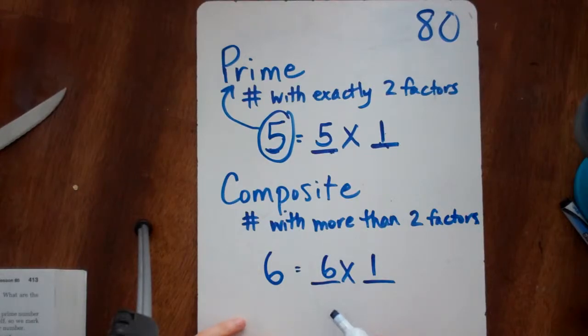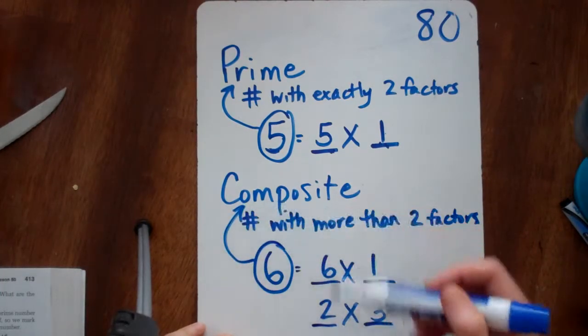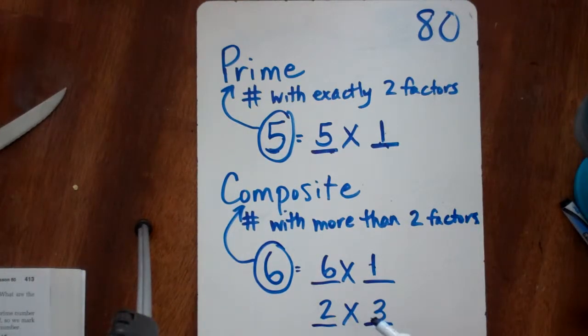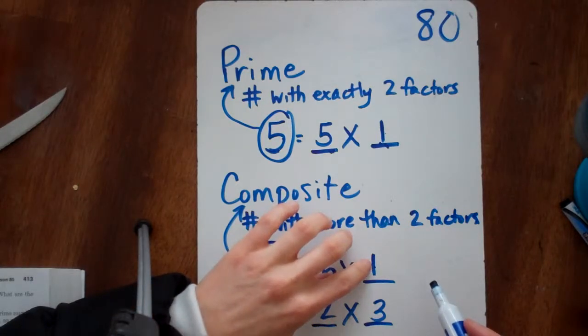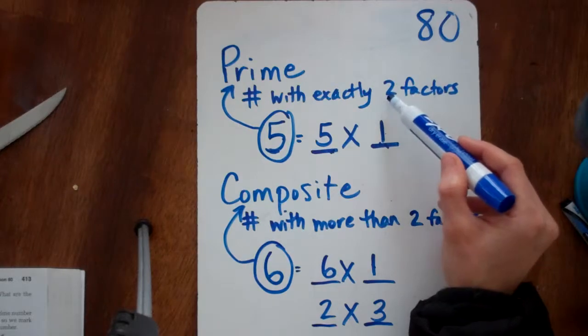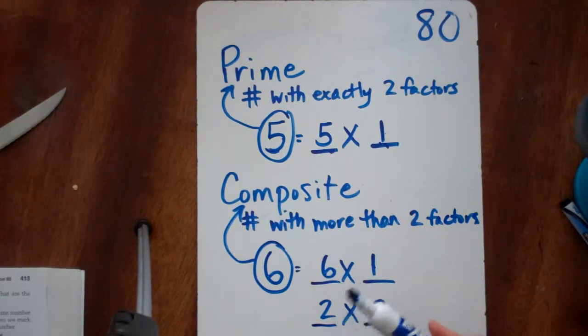Did anybody else think of anything else? 2 times 3. 2 and 3 are two other factors that go into 6, okay? So, that's why 6 is considered to be a composite number, because it is a number with more than just two factors. This one happens to have 4, okay? But what makes a number prime is if it only has two factors, and it makes it composite if there's more than just two, okay?